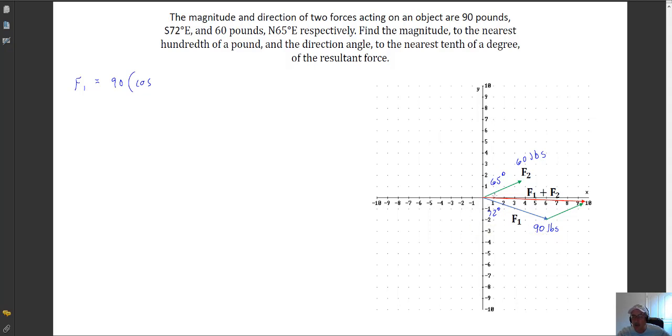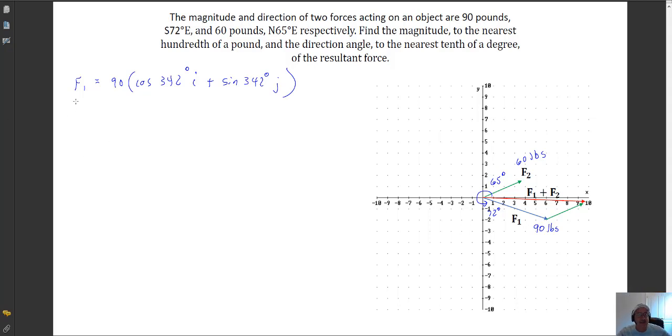Now you guys know me, I always like to get the positive angle here. So how would I get this angle? Well, it would be 90, 180, 270 plus 72 would be 342 degrees. So I'm going to say 342 degrees i plus the sine of 342 degrees j. Okay, so I'm going to call that the first vector F1.